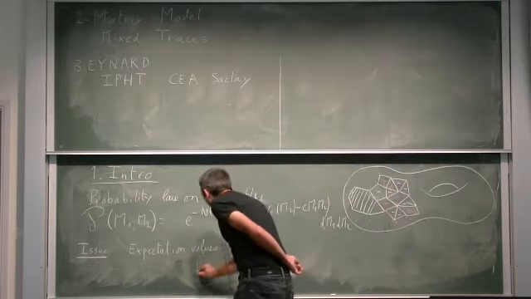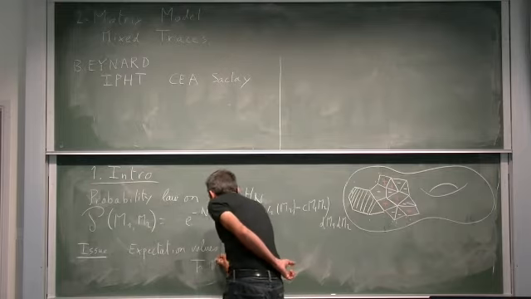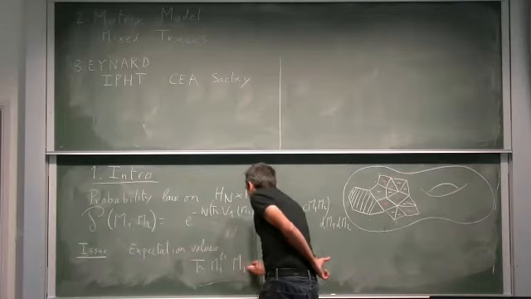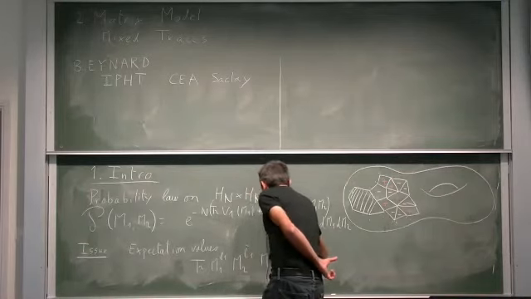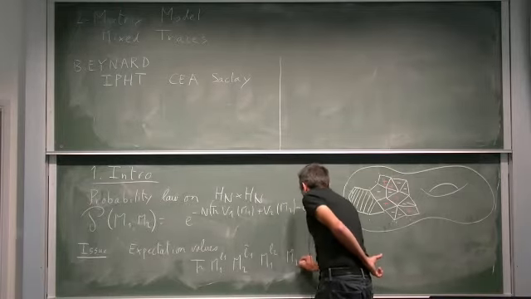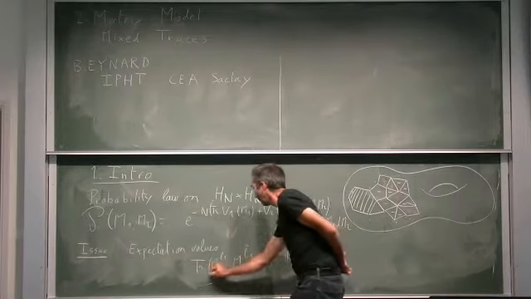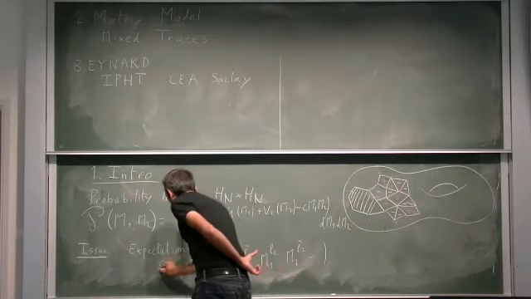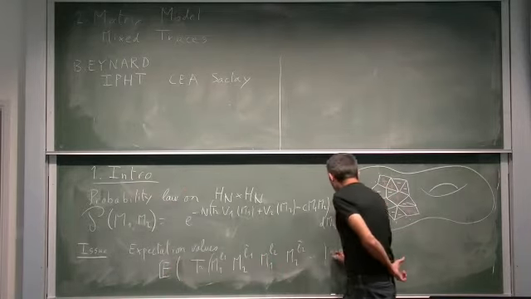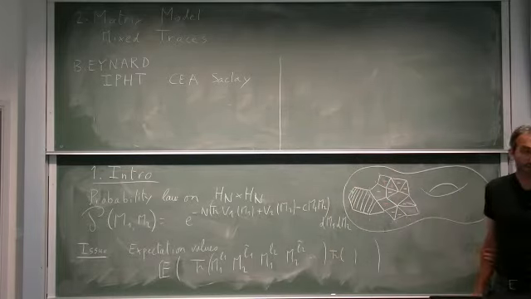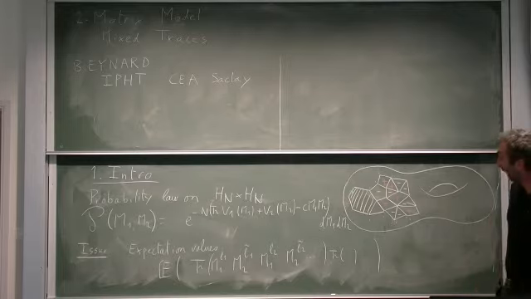Typically we want to compute something like the expectation of trace of M1 to the power L1, and in the same trace, M2 to the power L tilde 1, M1 to the power L2, M2 to the power L tilde 2, and so on. We want to compute such expectation values, and possibly times products of other things.